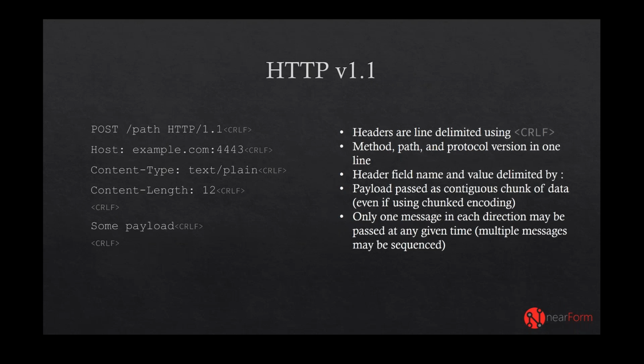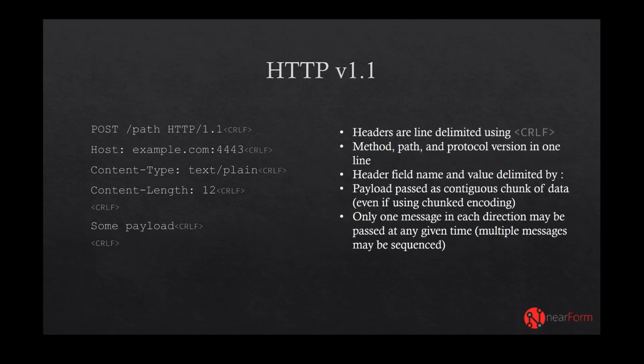So HTTP1, just as a recap, is essentially a text protocol. When you open a socket, you basically send a series of headers, which are just line delimited name value pairs, followed by some bit of payload, which can be text or binary, and it's all sent as a block.